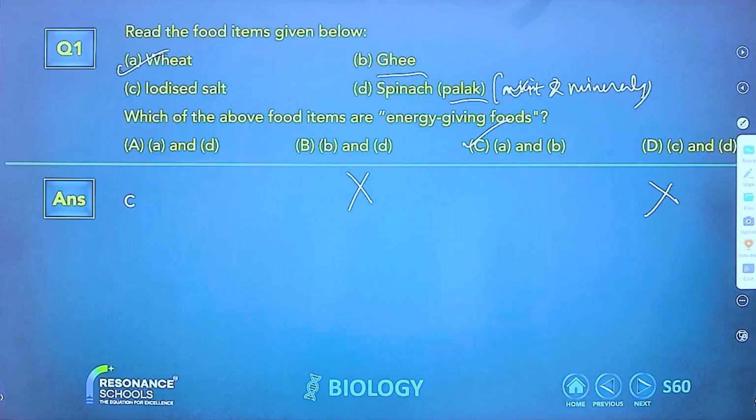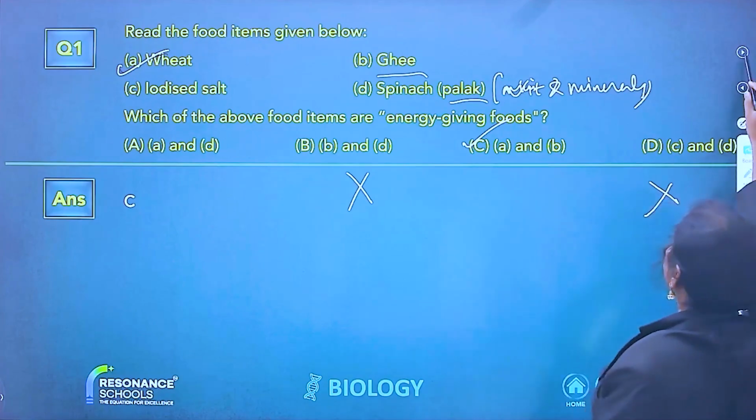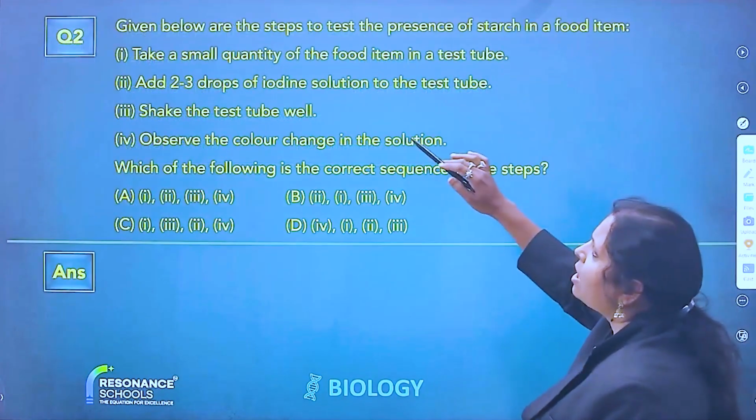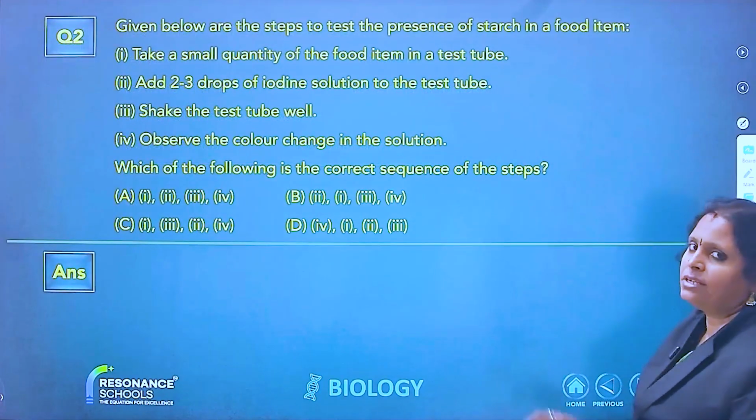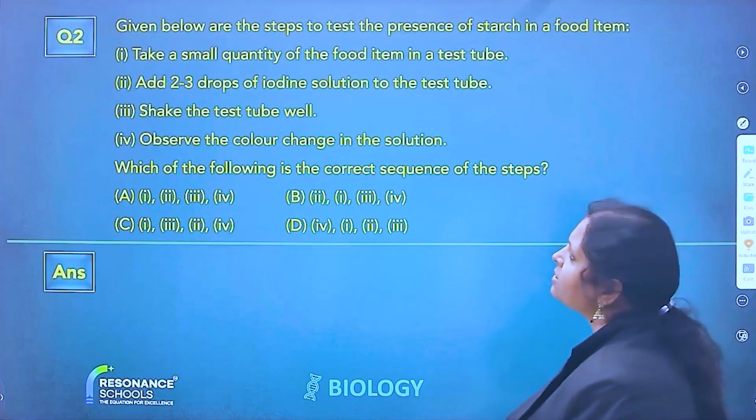Next question. Shall we go with the next question? Given below are the steps to test the presence of starch in a food item. Which of the following is the correct sequence of the steps?